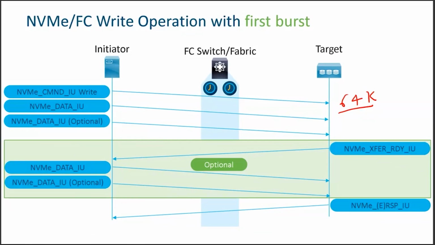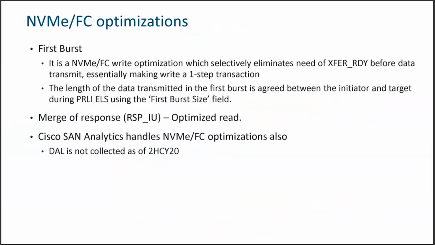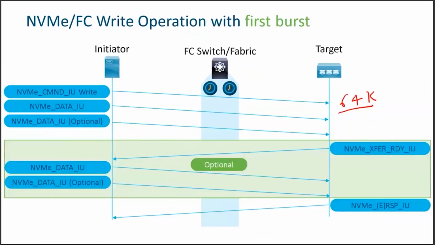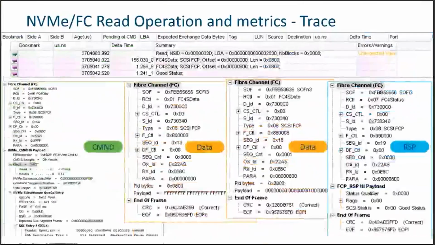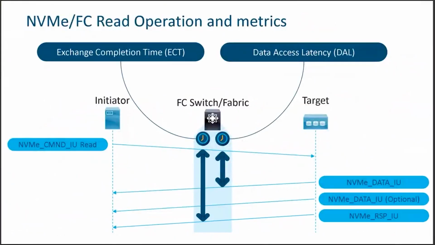The other optimization, which I don't have a drawing for, is a merged response in the read transactions. If you look at the read transactions, we are sending a different frame for the response. If there's space available in the last data frame, we could have merged these two things into a single frame and sent it over. So that's another kind of optimization the HBA vendors are doing.